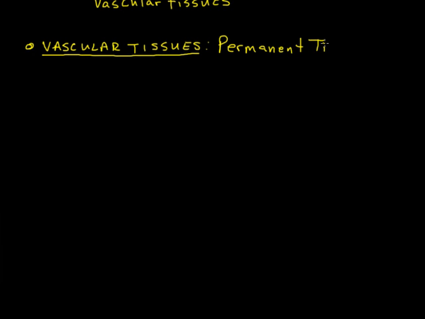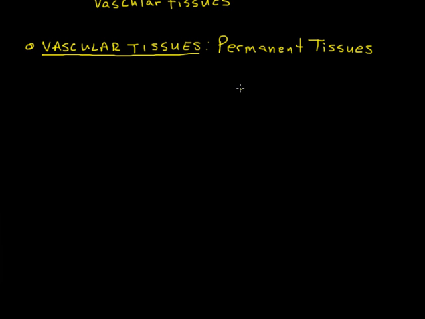They're no longer dividing, meaning they're no longer in meristems. They have matured, they have developed certain characteristics that let them do very specific things. And so therefore we say they're differentiated and they are permanent tissues.